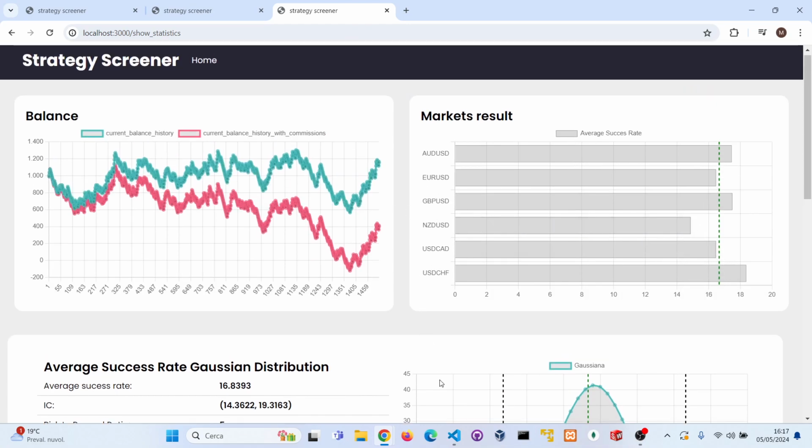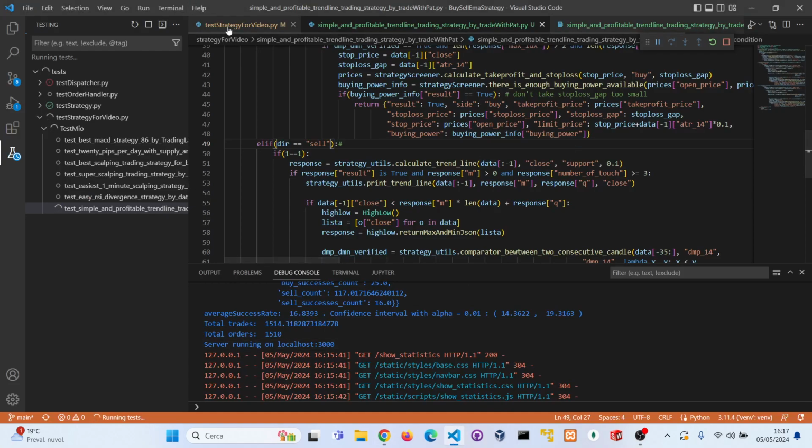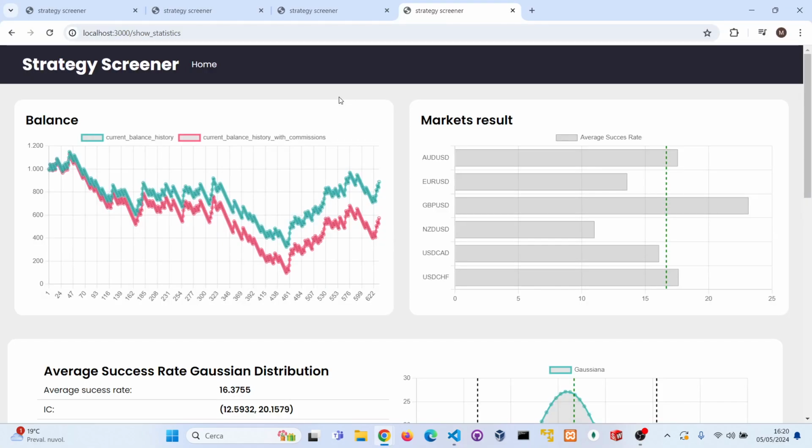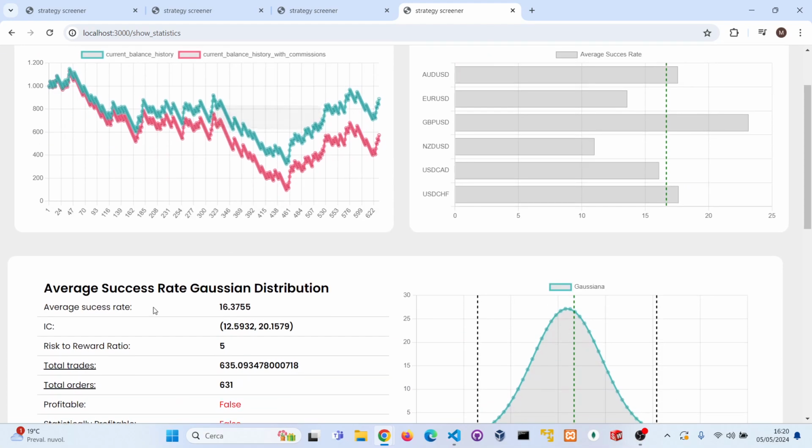Let's try anyway on the test dataset, which is the most recent data, and see how it performs. Okay, as you can see, in the most recent data you would not have been profitable.